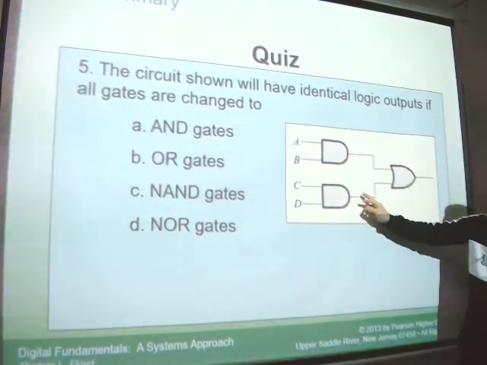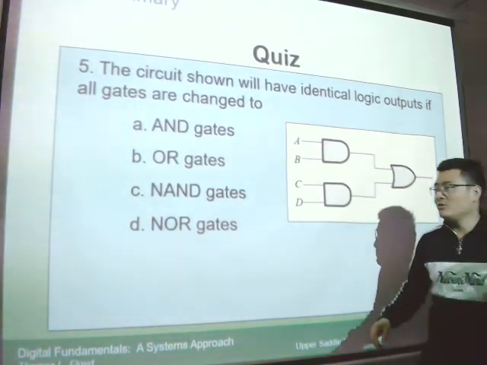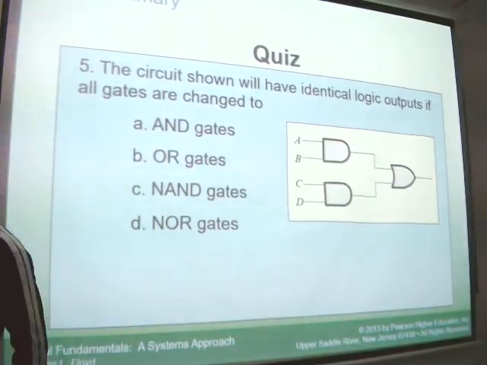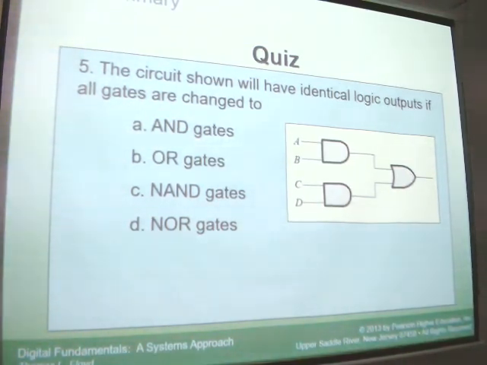AB plus CD. So AB plus CD equals number one, right?